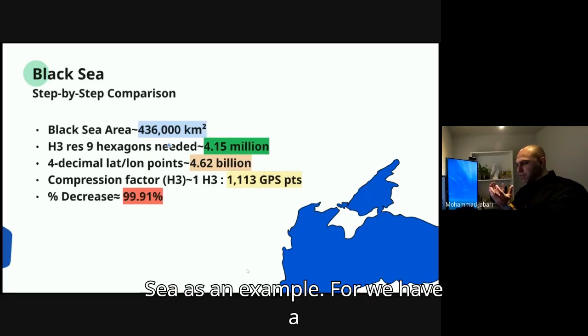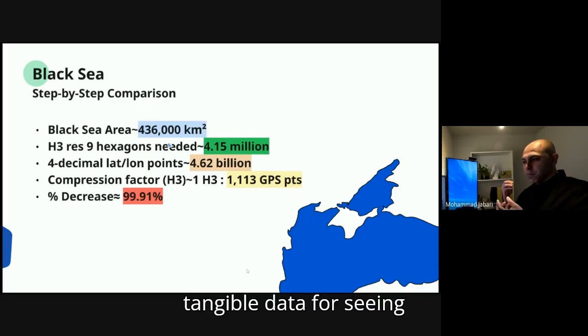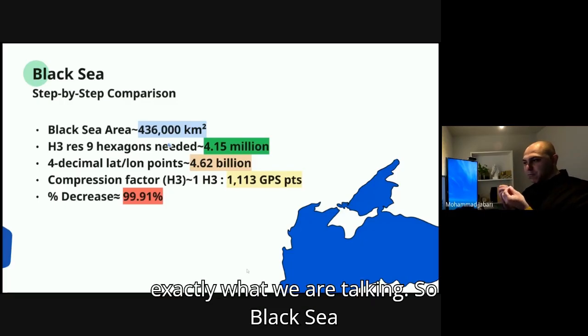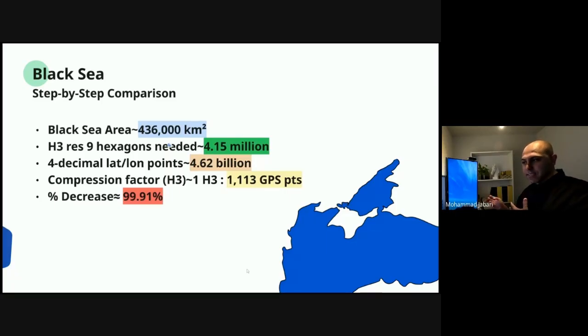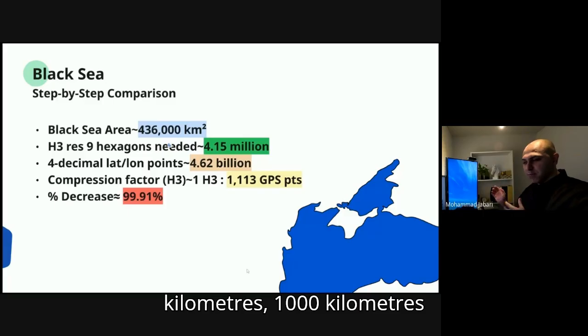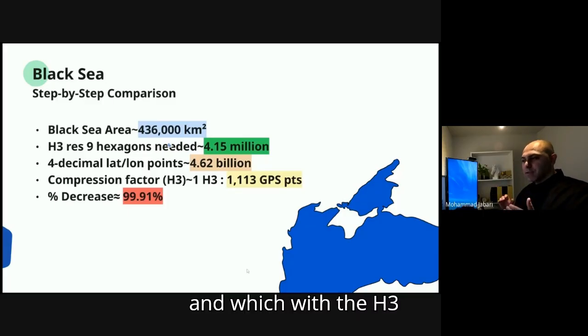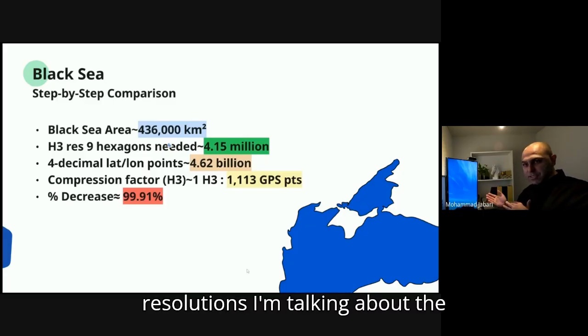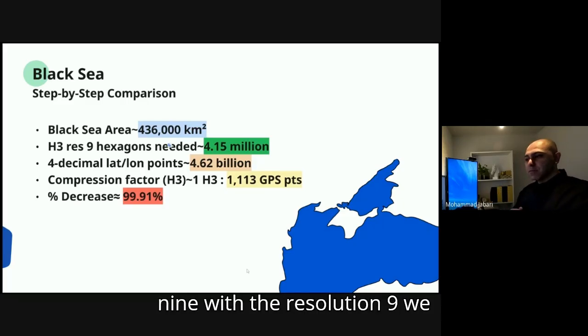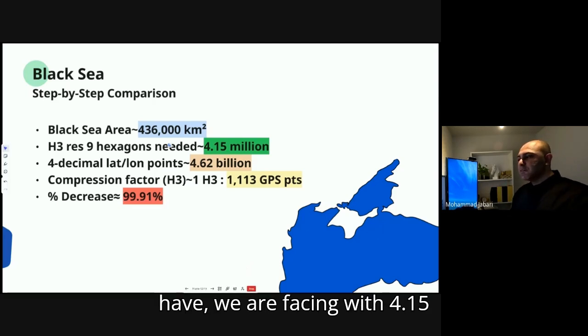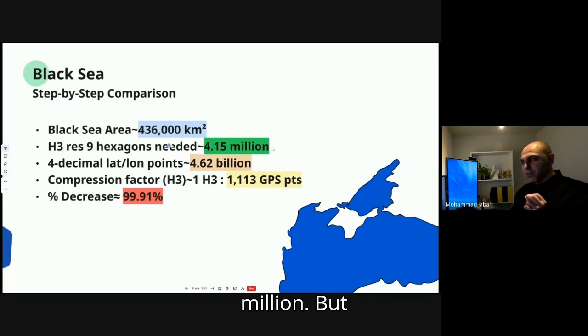I use the Black Sea as an example so we have tangible data to see exactly what we are talking about. The Black Sea area is something around 436 kilometers by 1,000 kilometers, and with H3 resolution 9, I'm talking about the Uber library, we are facing 4.15 million.